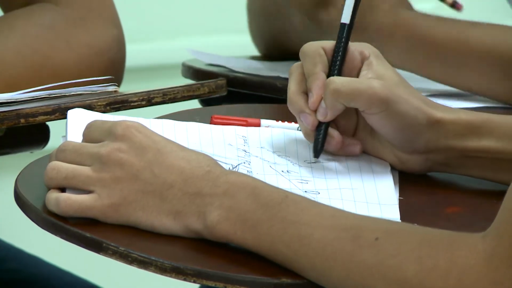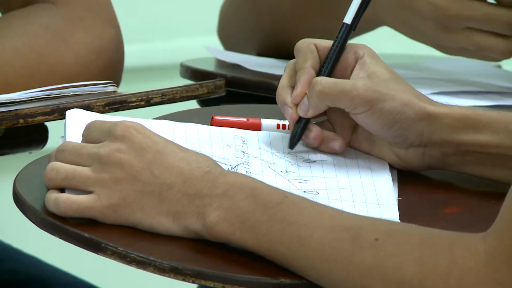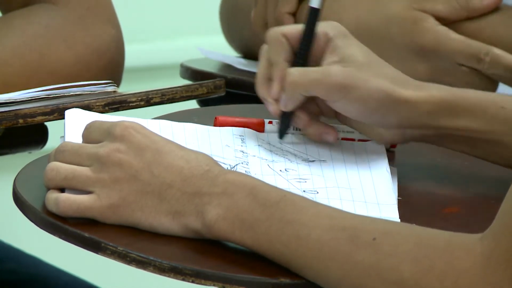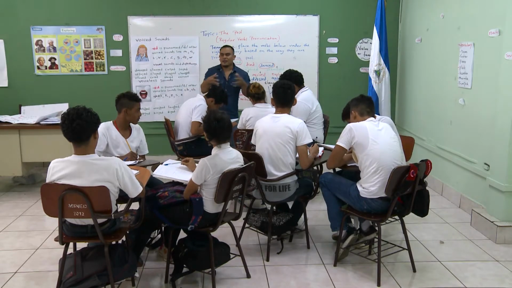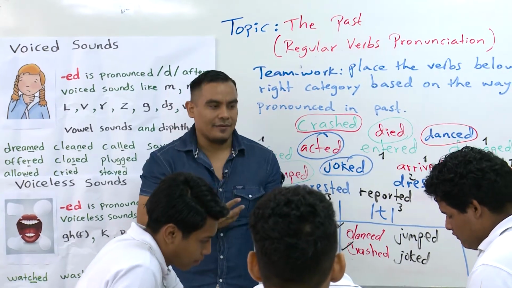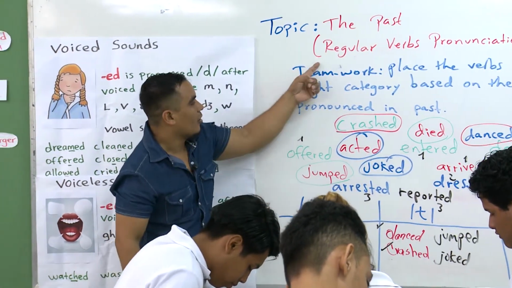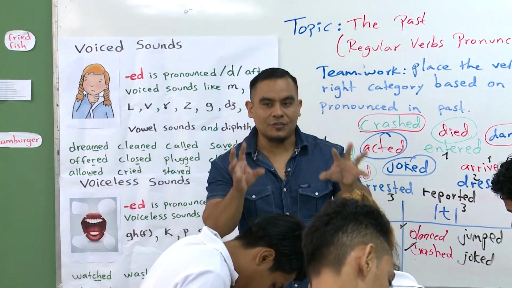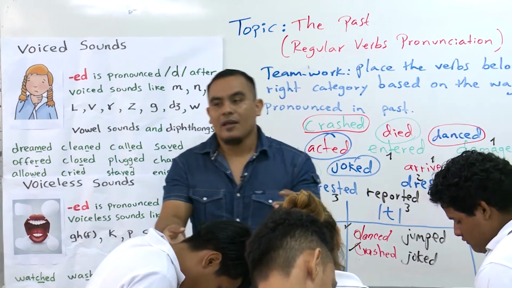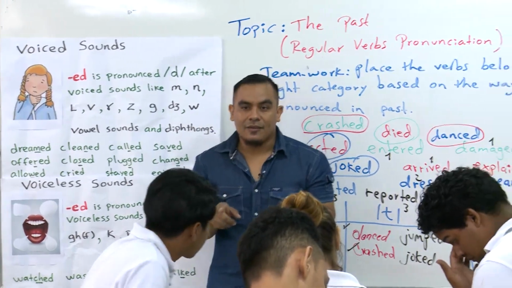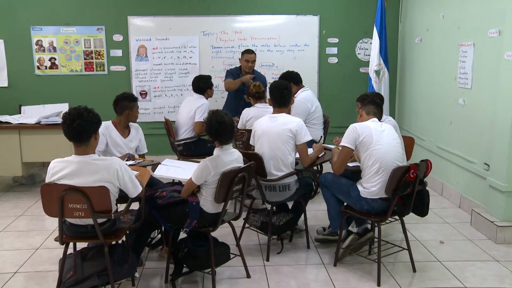I want you to use a lot of regular verbs. You can combine regular and irregular, but I want a lot of regular verbs in order to practice this a little bit more. When you come back next day, you're going to read the paragraph to the class.